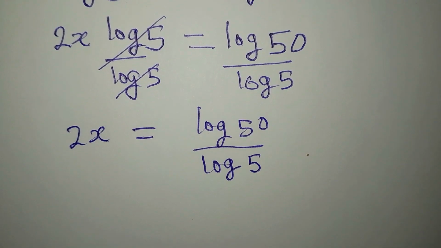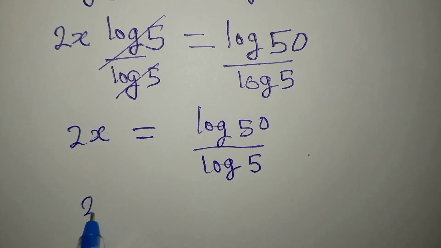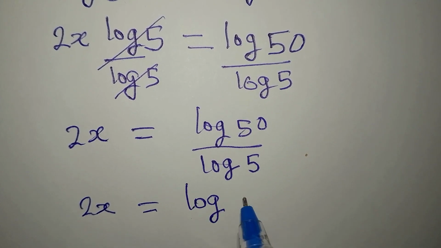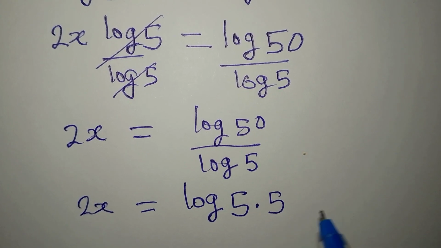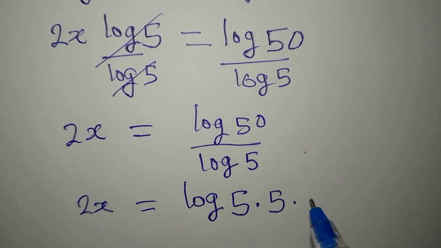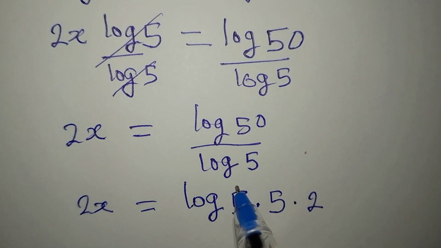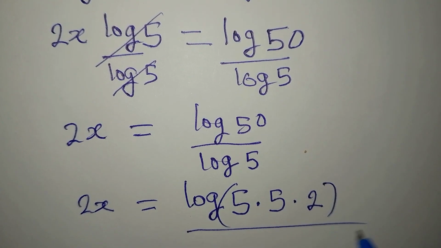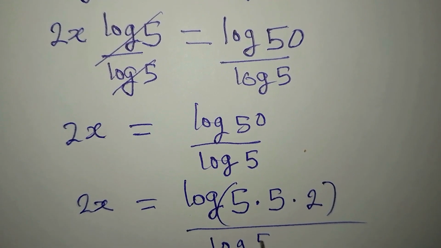Now we can simplify what we have on the right. We get 2x equals log of 50, and 50 is 5 times 5 times 2. 5 times 5 is 25, then times 2 is 50, then divided by log 5.